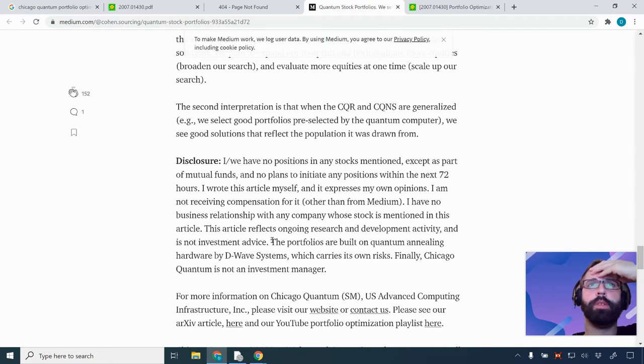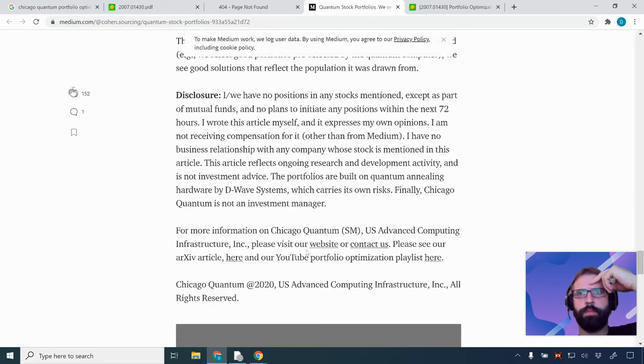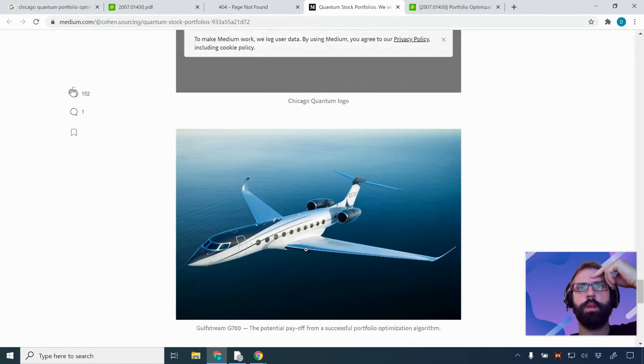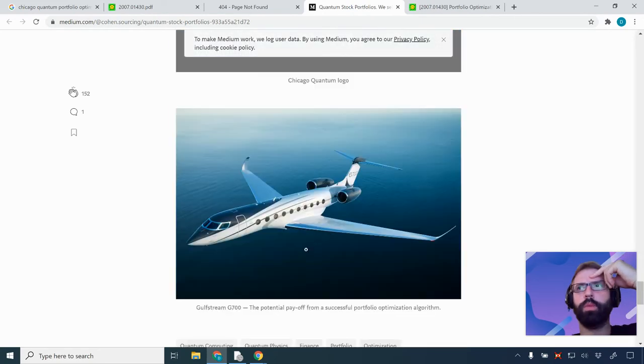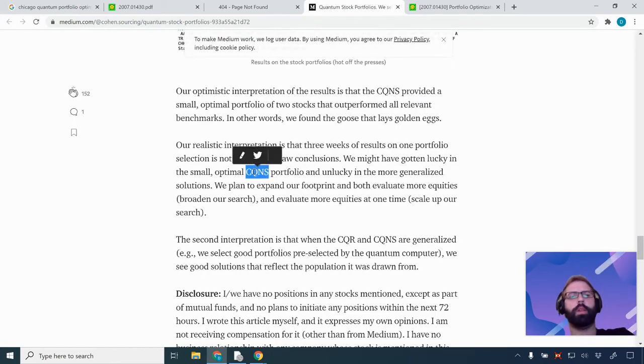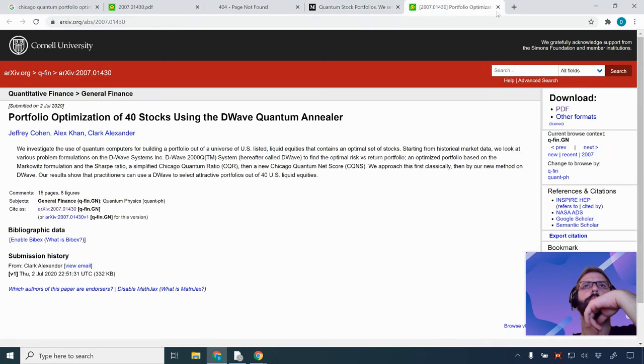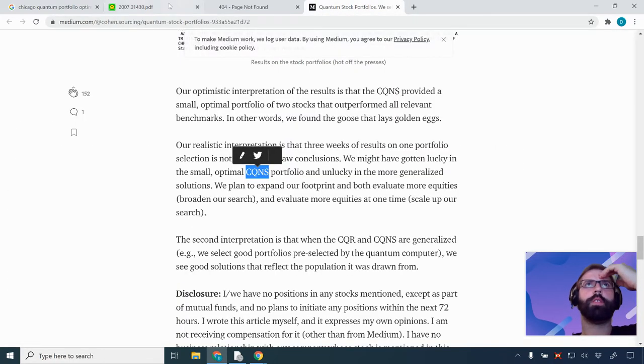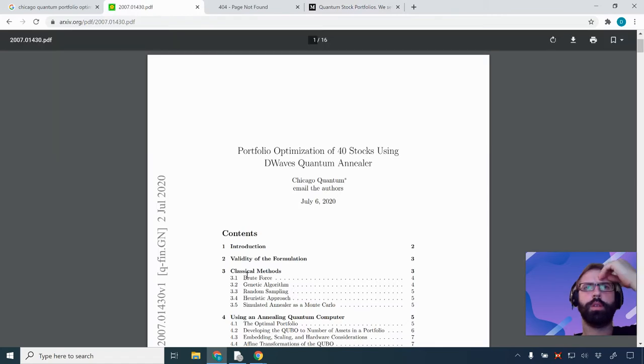But there's no mention of what the particular CQNS is, right? And I'm assuming that is then what should be explained in the paper. Let's focus on this today, okay?